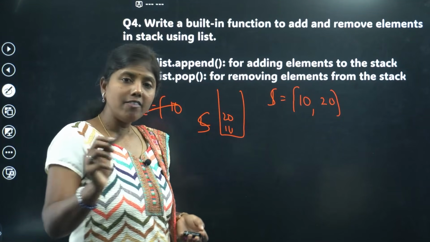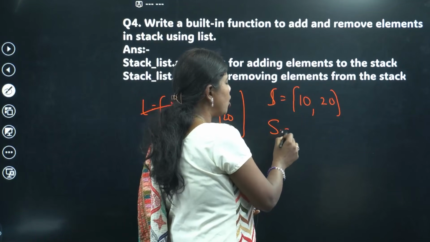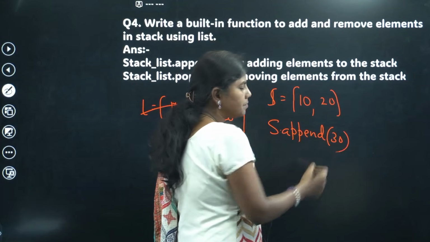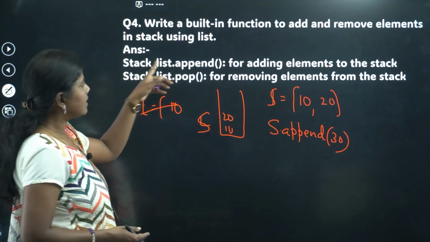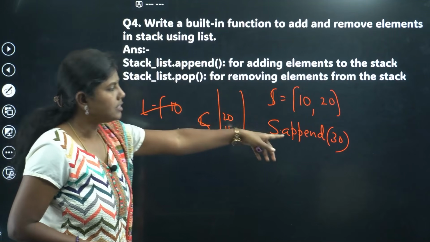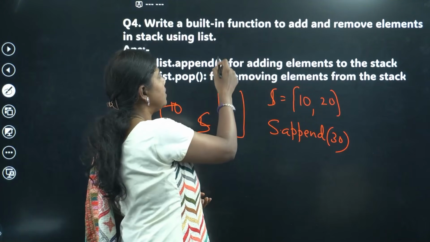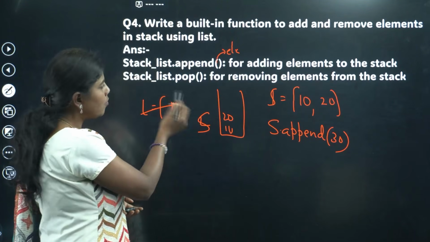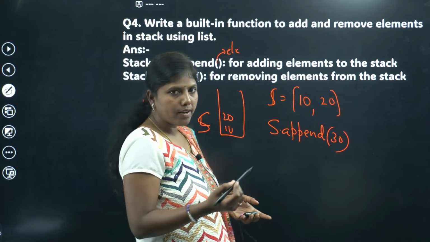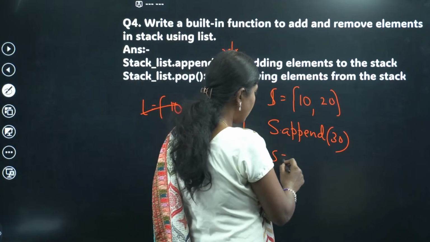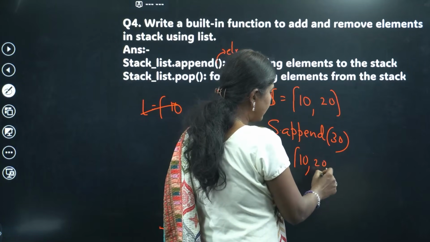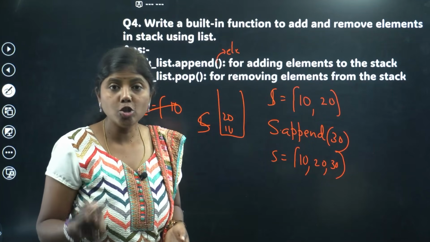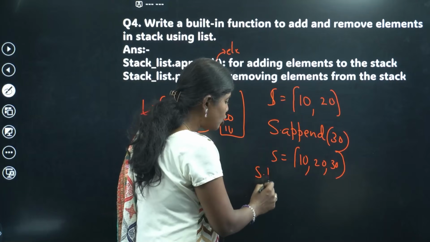How will I add? Very simple, S dot append 30. Stacklist dot append of that element; you can give that element as ele. Better you mention that. Then I need to remove an element. For me to remove the element, I need to make use of the pop function, that is S dot pop.